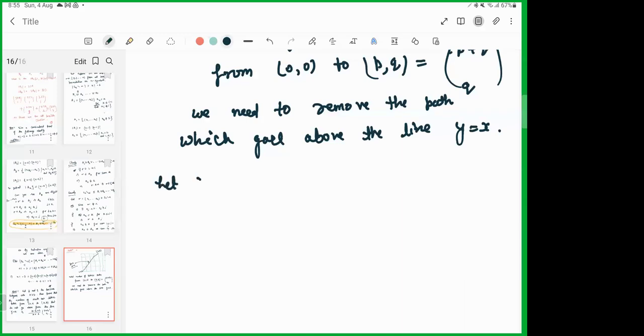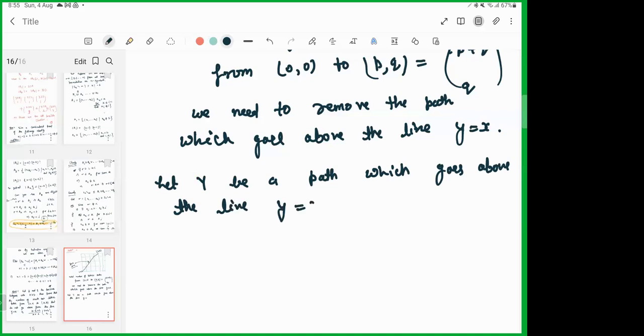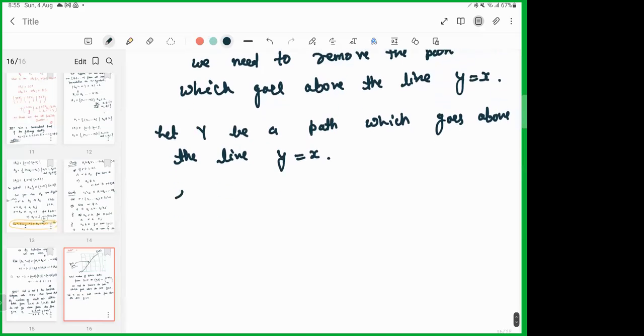Let gamma be a path which goes above the line y equals x. So shift the path below by 1 unit.